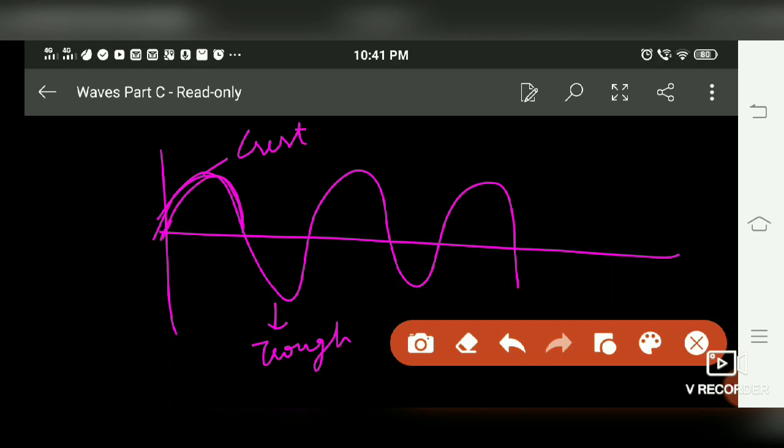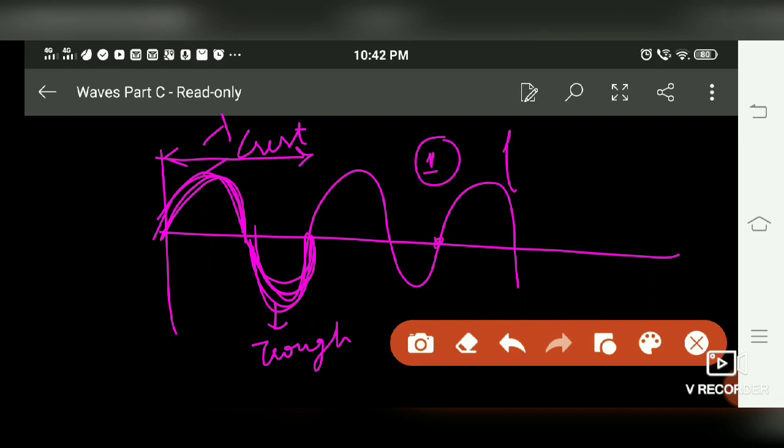This is the positive half of the cycle, this is the negative half of the wave, and this complete length of the wave is called the wavelength. The number of waves passing through a given point in 1 second is called the frequency of the wave.